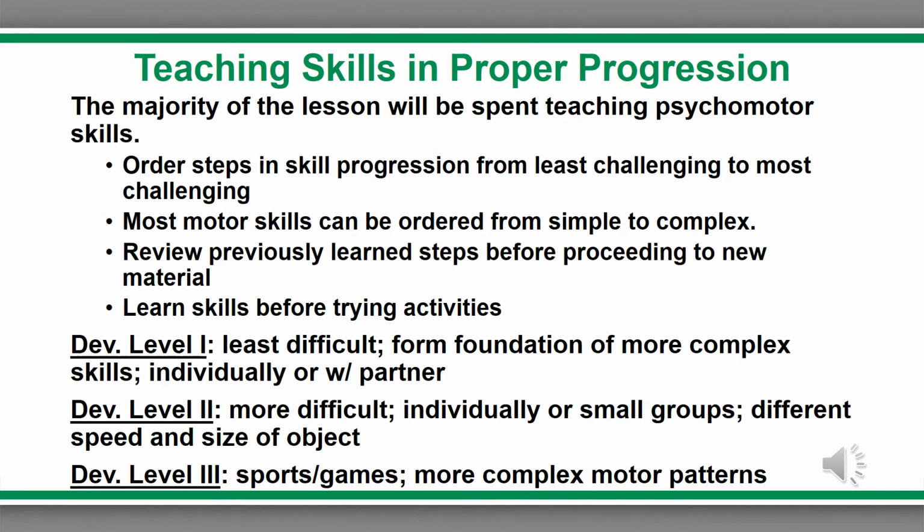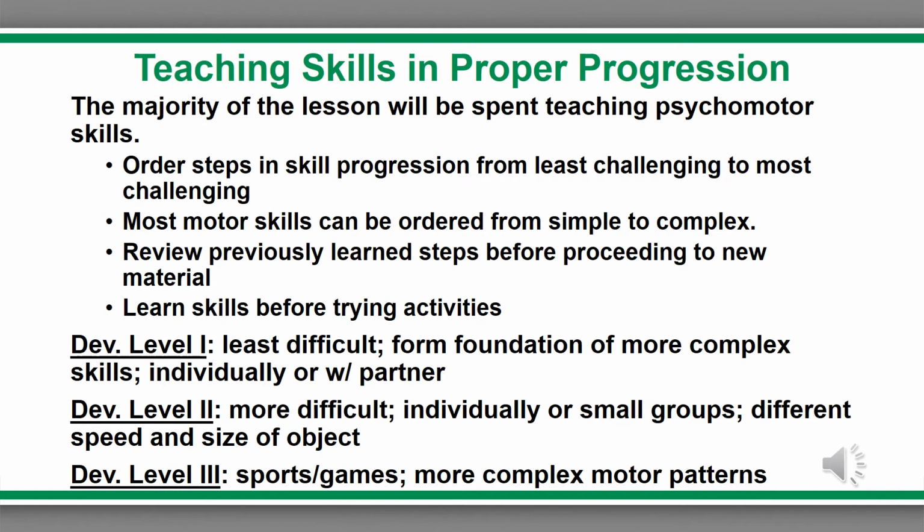And most of development level 1 is going to be an individual type of situation or with a partner. Working in small groups can be challenging. Development level 2 is more difficult. You do work individually, you do work in small groups, but you're going to have different speeds of the ball, or you're going to have different sizes of the objects.